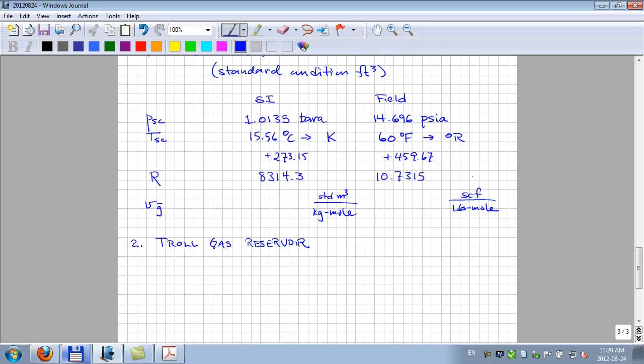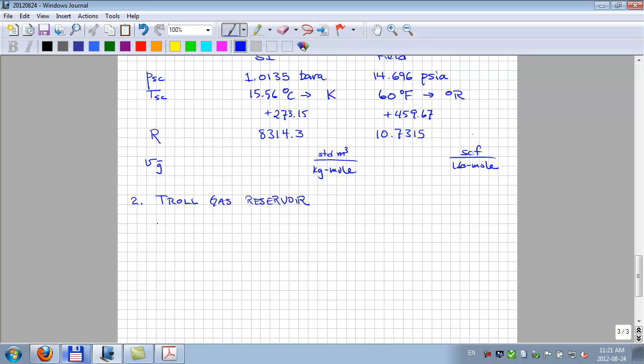And here, the initial gas in place, we don't usually write it that way. We usually write it as initial gas in place. This gas being surface gas, surface condition gas.